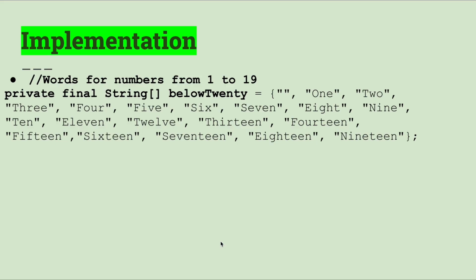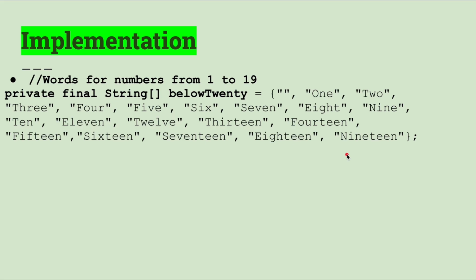We map these values into one variable called below20, which is an array of strings.